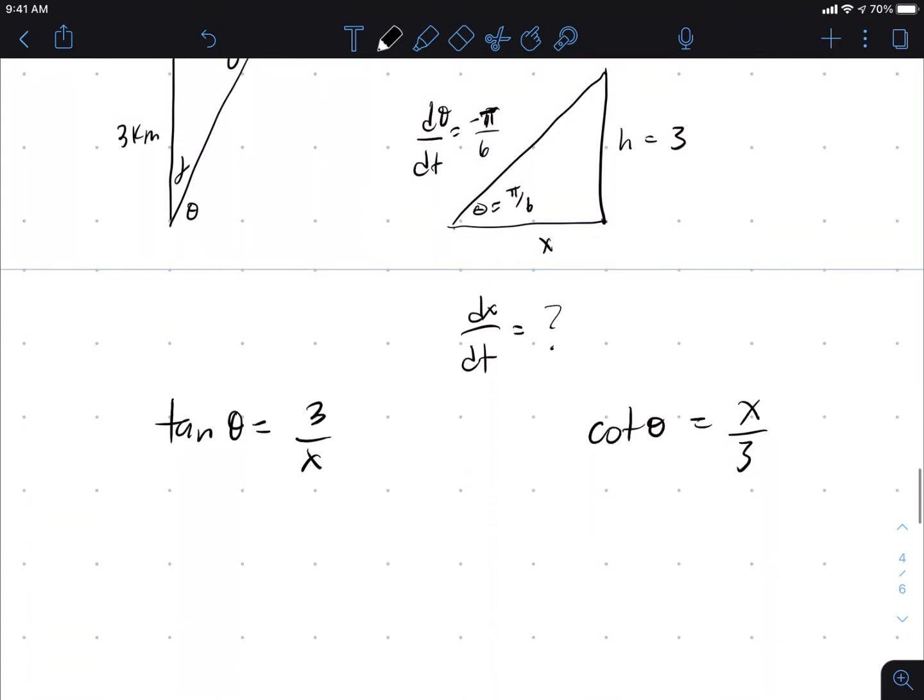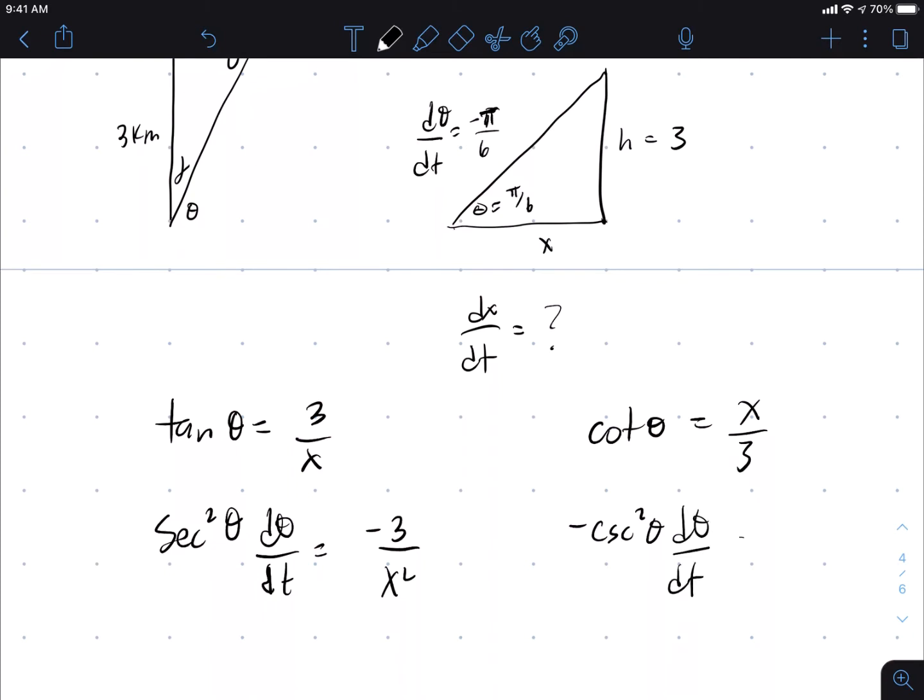Agreed? Because over here, I would have gotten secant squared theta d theta dt is equal to a negative 3x squared. Or I could have gone over here and gone negative cosecant squared theta d theta dt is equal to 1/3 dx dt.